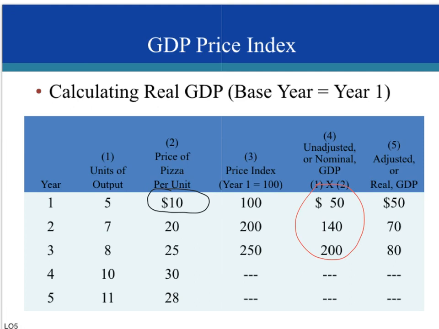Okay, so when we look at nominal GDP versus real GDP, you can see that here nominal GDP is much higher than real GDP, and that is because nominal GDP is measuring the change in price and quantity, whereas real GDP is just looking at the change in quantity or output of pizza.